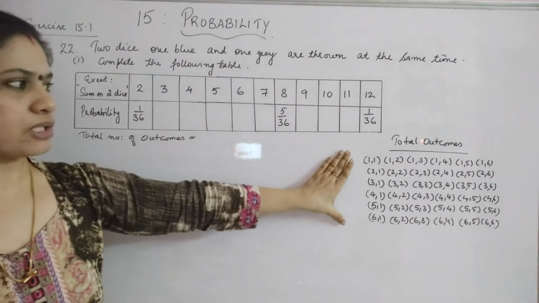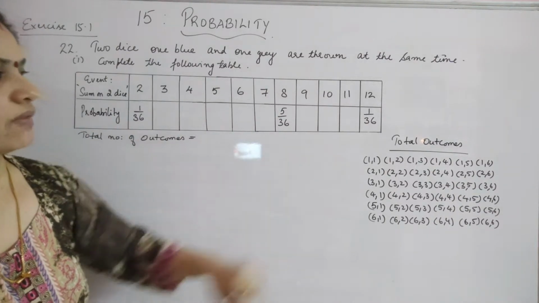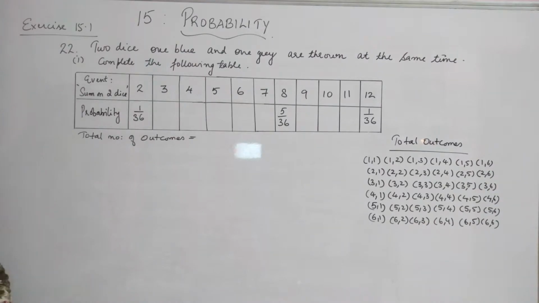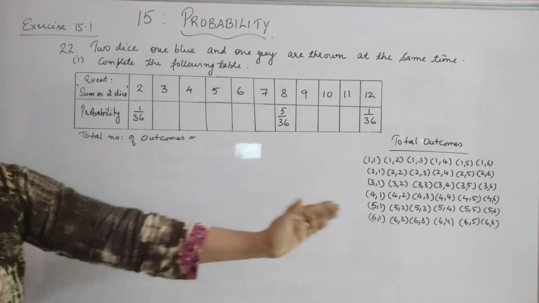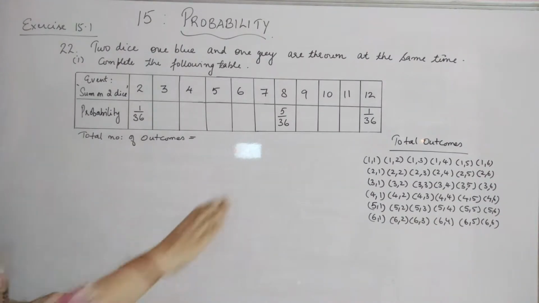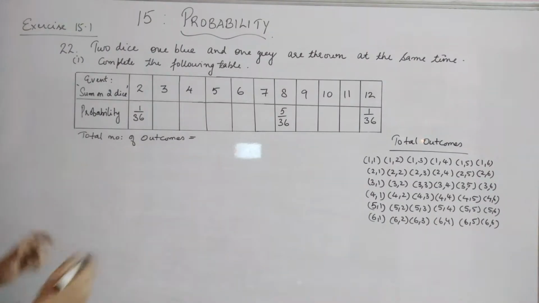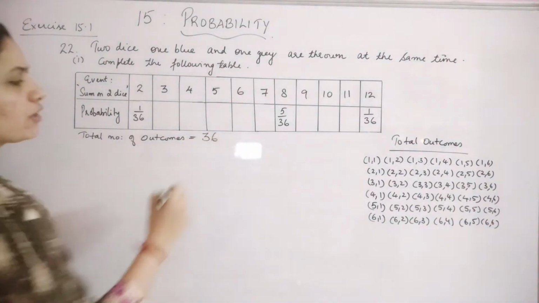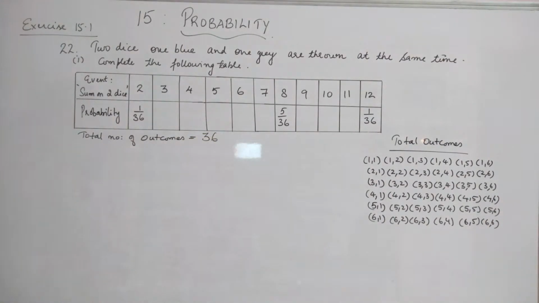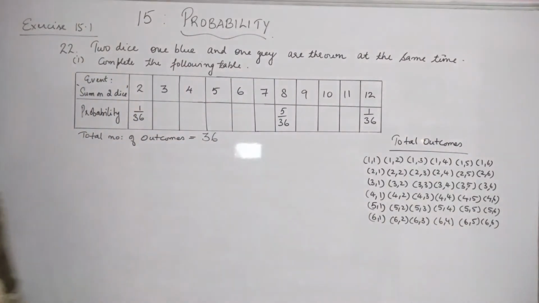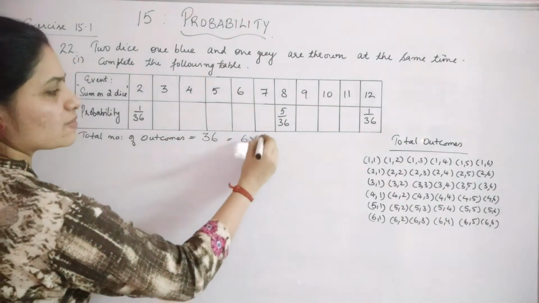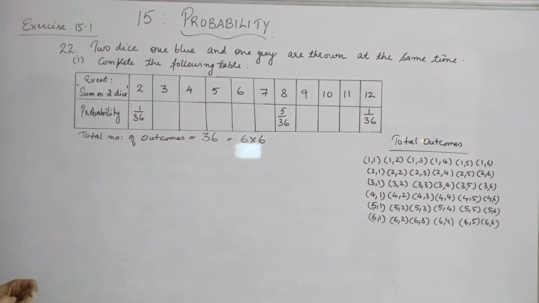These are the possible outcomes, that is 1, 1, 1, 2, 1, 3, etc., 1, 6, 2, 1, 2, 2, etc., 2, 6, etc., from 6, 1, etc., till 6, 6. That means altogether how many total outcomes do you have? The total number of outcomes will be 36, that is 6 into 6, here you have 6, here you have 6, so 6 times 6 is 36, or 6 squared is 36.